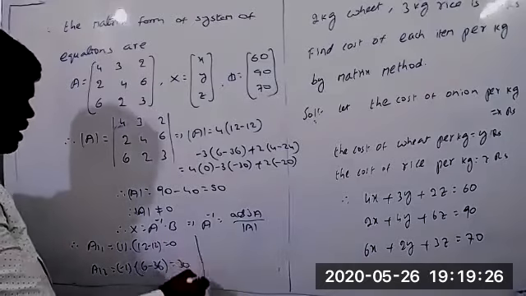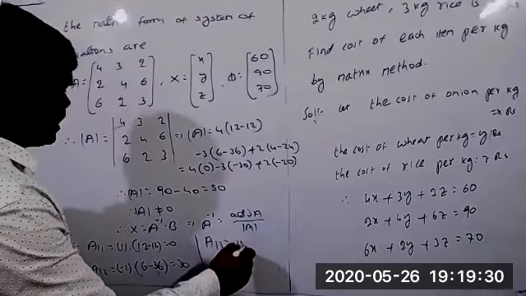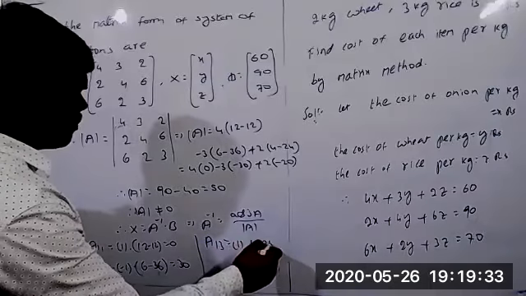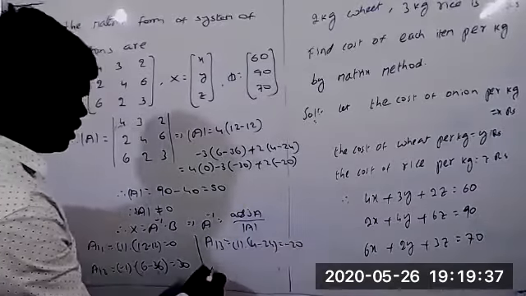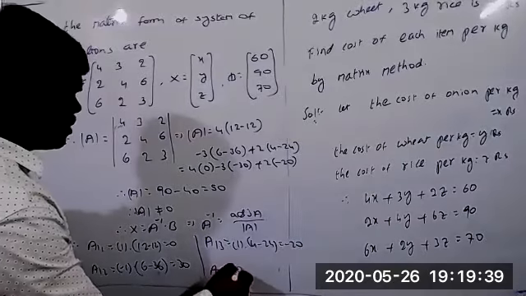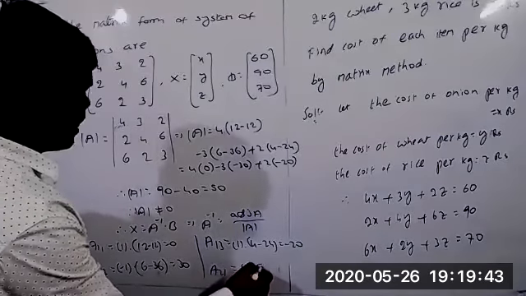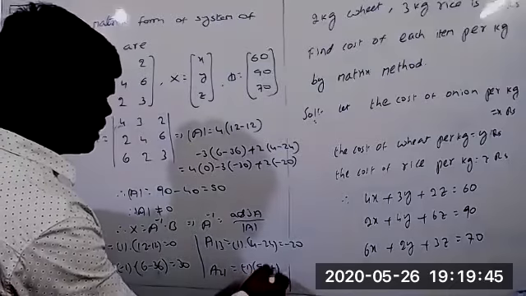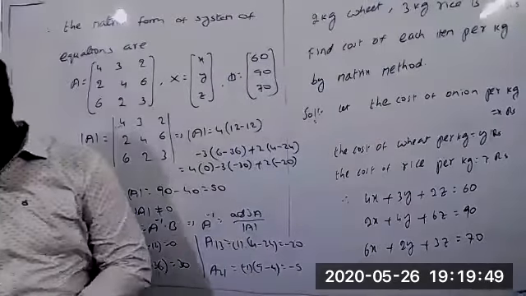Next, A13 equals plus 1 into 4 minus 24, which equals minus 20. Next, A21 equals minus 1 into 9 minus 4, which equals minus 5.